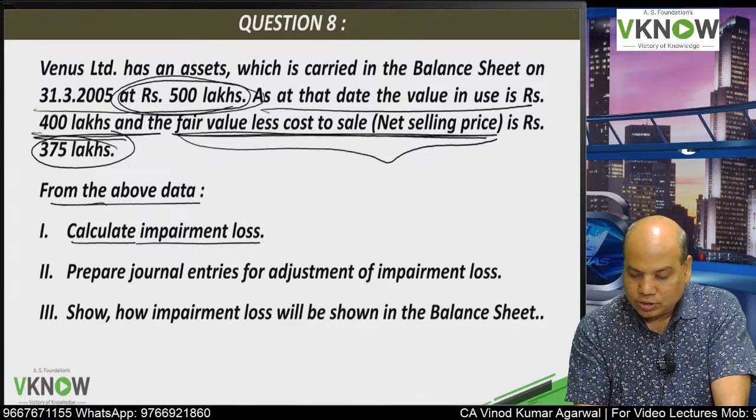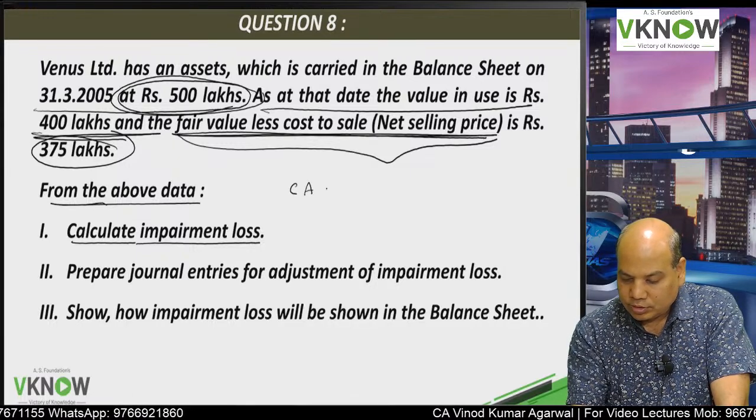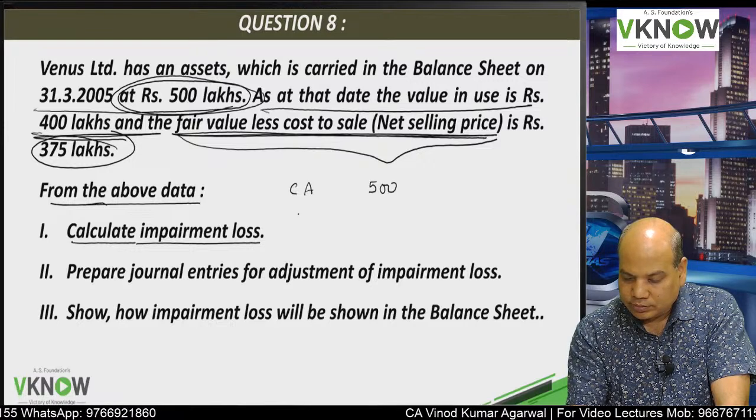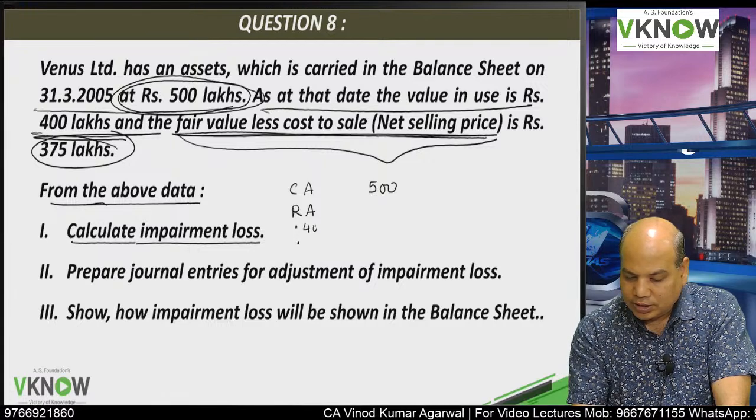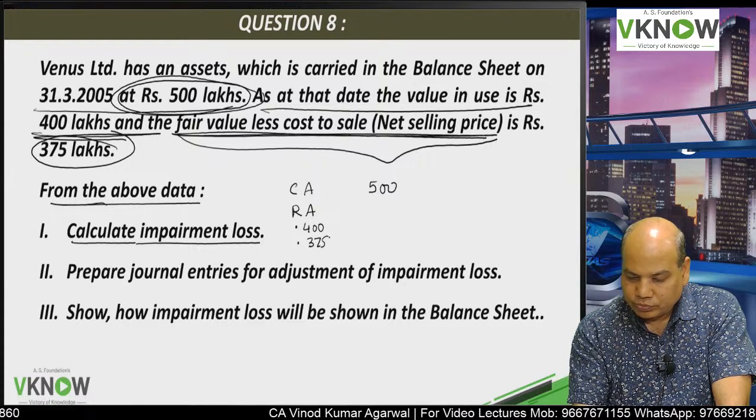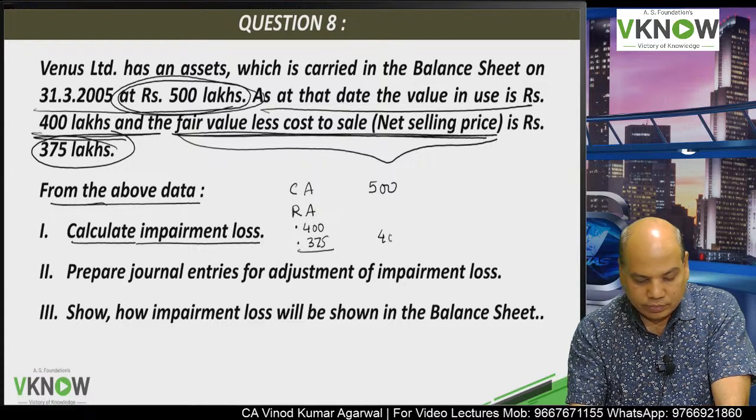So I will tell you the impairment loss. Carrying amount is 500. Recoverable amount is the higher of net selling price or value in use. So this is 400.